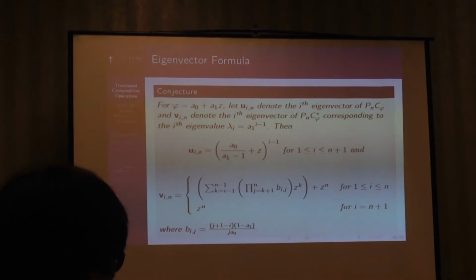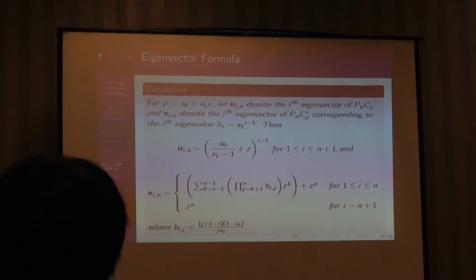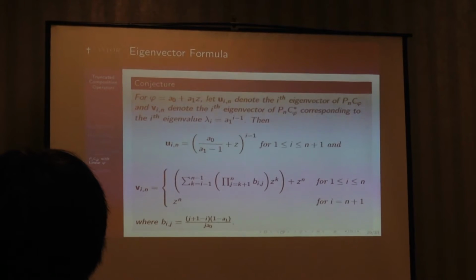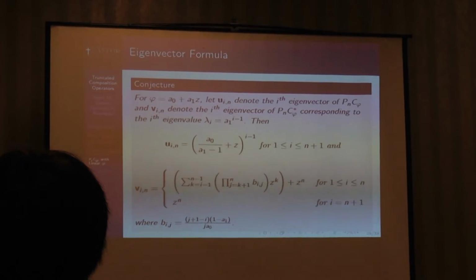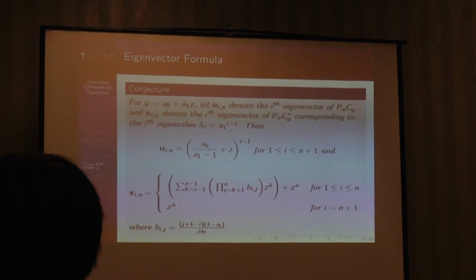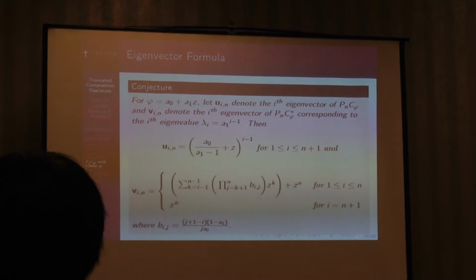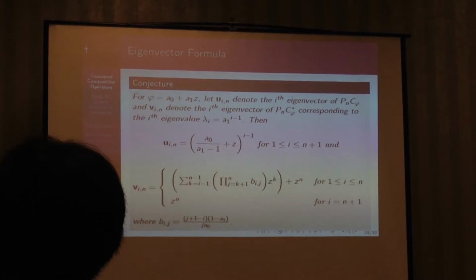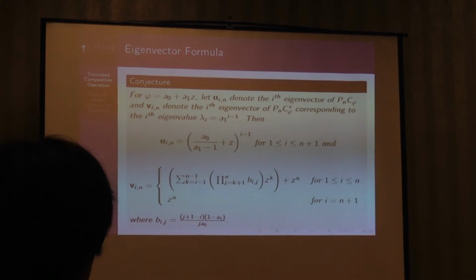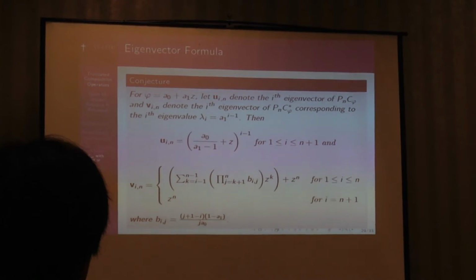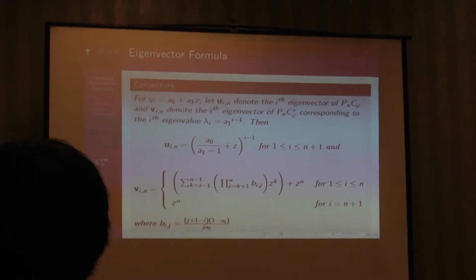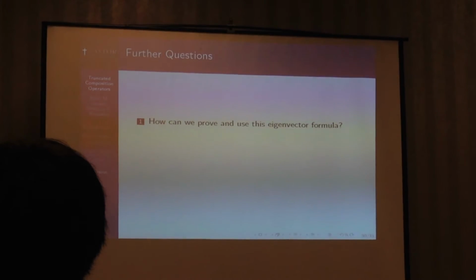So we were able to prove this first formula just to find u_i^n, and then we were able to prove the second part of the stepwise function for v_i^n, just what the last eigenvector is. And then this first part of the stepwise function incorporates the scalar b_ij, which is in terms of i and n. And that part, we were able to notice this pattern with looking at larger and larger truncations, but we weren't actually able to prove this yet.